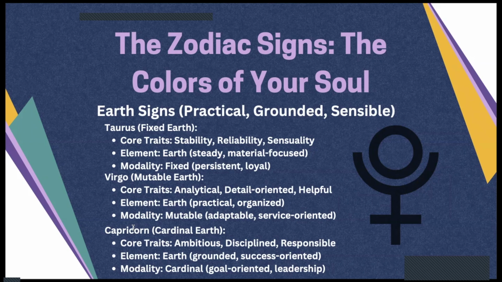They cannot let their public image go awry, especially if they are ascendant Capricorn, because that's how they show up in the world. Capricorn moons as well, they need that security. Cardinal, goal oriented leadership. Success oriented, grounded.